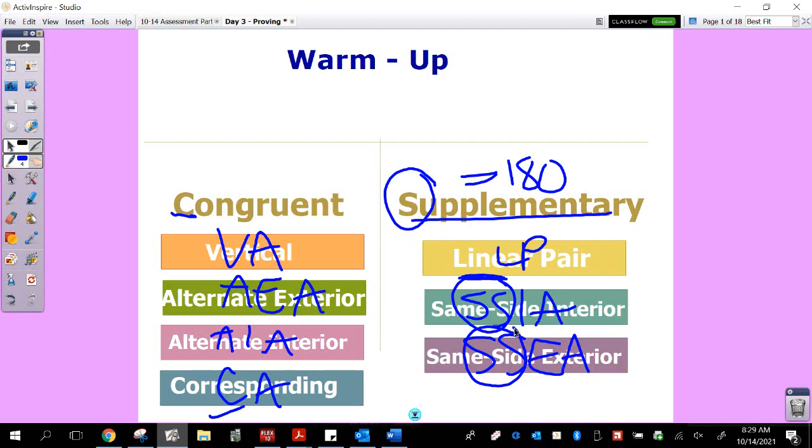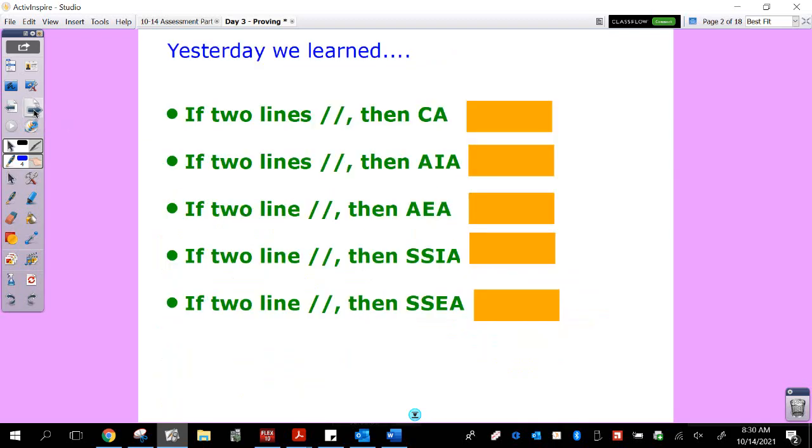Today we are going to take this one step further. So you can put your warm-ups away. Brian, you with me? You awake? Barely? All right. Tuesday, not yesterday, but Tuesday. Tell me again. If lines are parallel, then CA is congruent or supplementary?